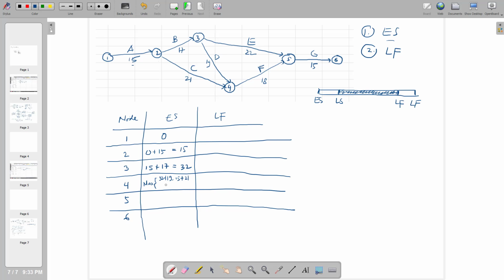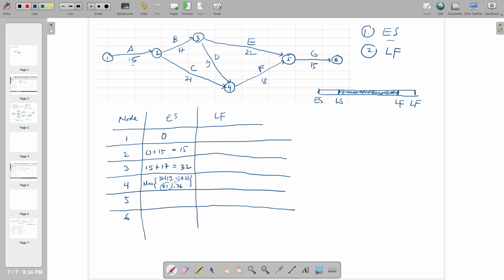This one is equal to 51, and the other is 36. The maximum between 51 and 36, so definitely node number 4 is 51.